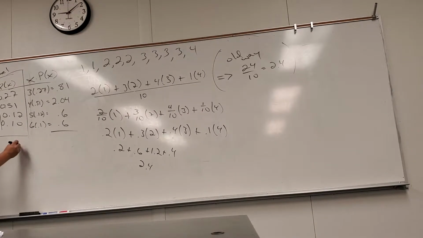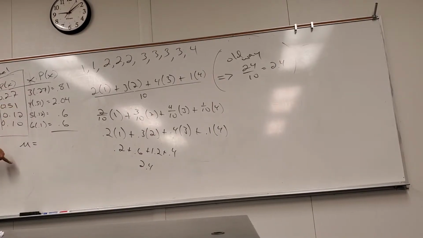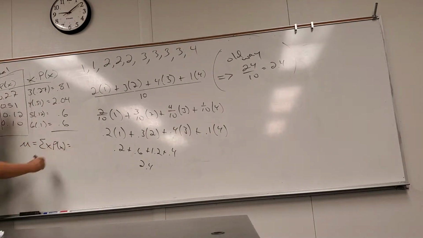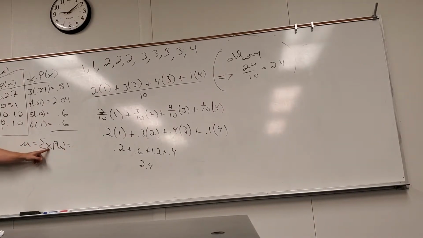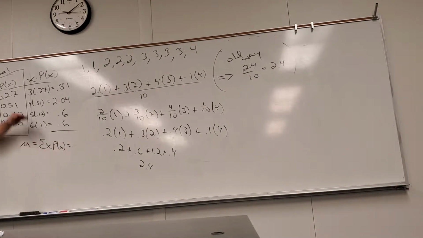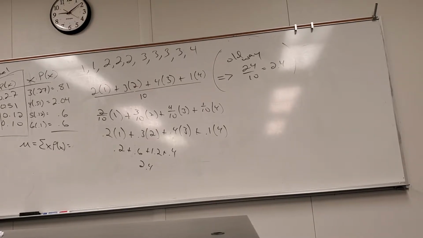So the formula for the mean, when I'm given x and p of x, is the sum of x times p of x. I add up the data values times the weights. What's the heaviest weighted data value? 4. 51% of the data was 4, right?